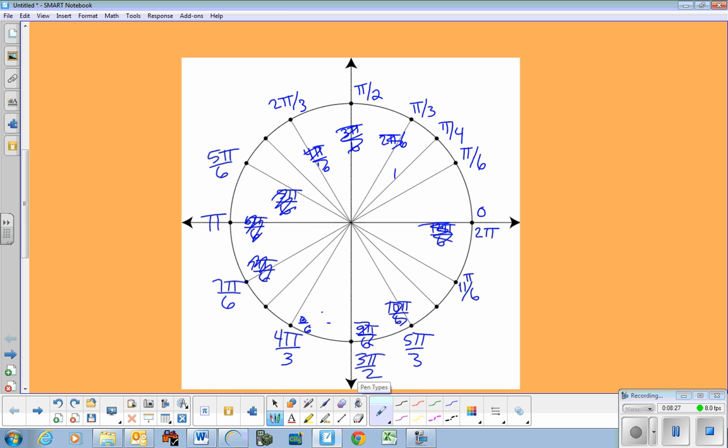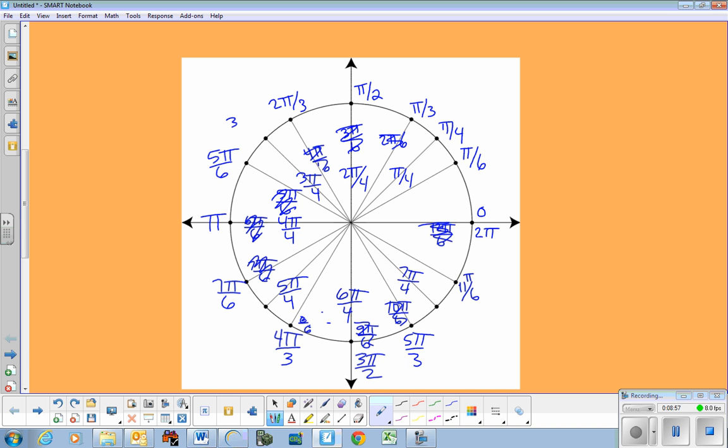So I get 1 pi over 4, 2 pi over 4, 3 pi over 4, 4 pi over 4, 5 pi over 4, 6 pi over 4, 7 pi over 4. You'll notice like the 90-degree mark, that is both an over 6 and an over 4 spot. But either way, it's going to simplify down to pi over 2. 3 pi over 6, 2 pi over 4. Both of those are pi over 2.